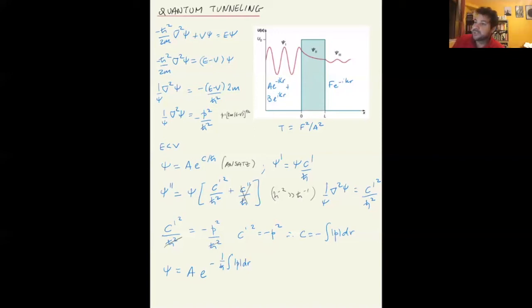The non-classical region goes from 0 to L, where there is an exponential decay in the amplitude. So the ratio of the amplitudes is going to be given by the exponential of minus 1 over h bar times the integral from 0 to L of the momentum p in this region, which is going to give you the decay in the kinetic energy, therefore the decay in the amplitude.